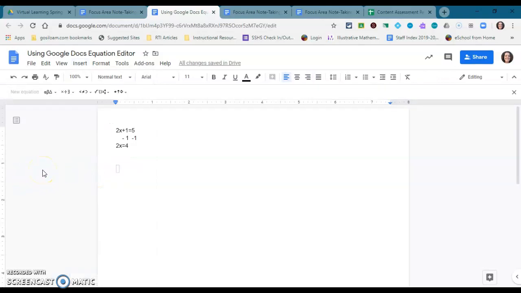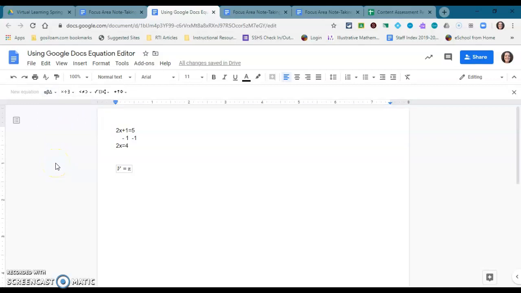So let's say I was doing a geometry problem where I was finding the volume of a cylinder. The volume formula for a cylinder is volume equals pi, so I need to find that symbol. Pi is in this first menu, the Greek symbols, and it's right there.